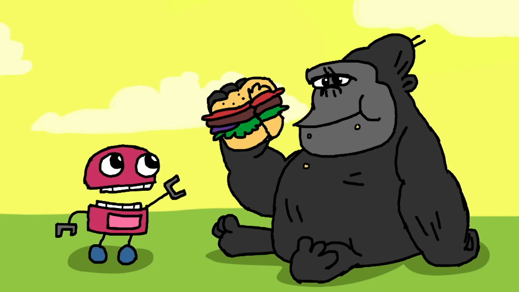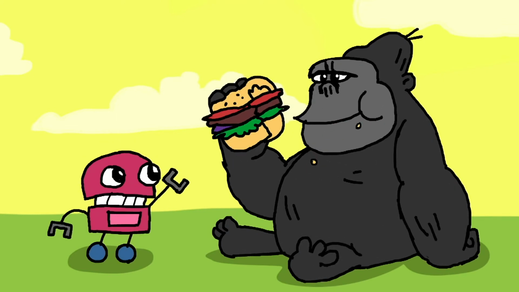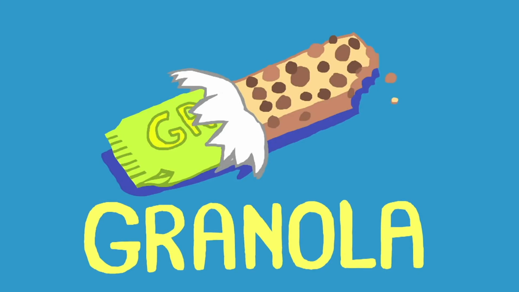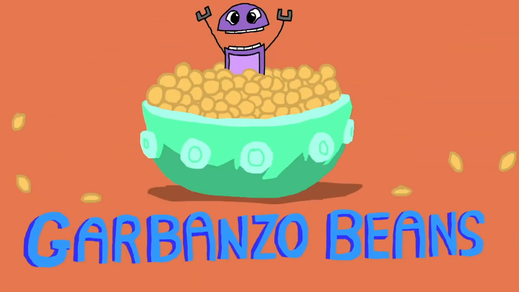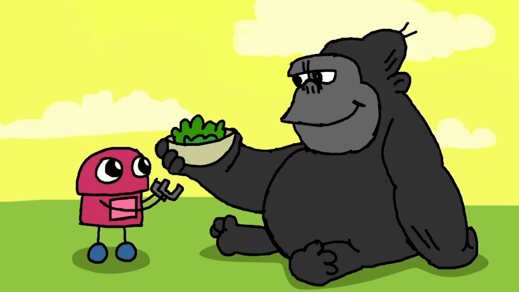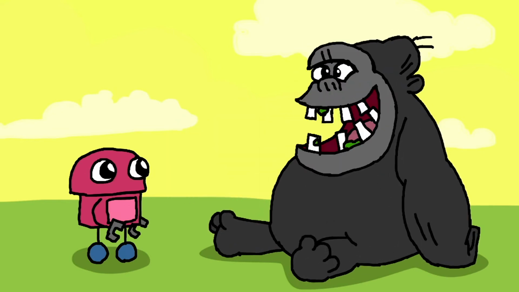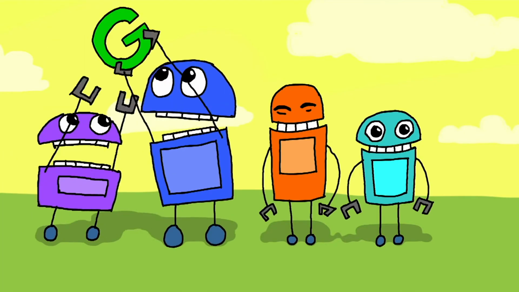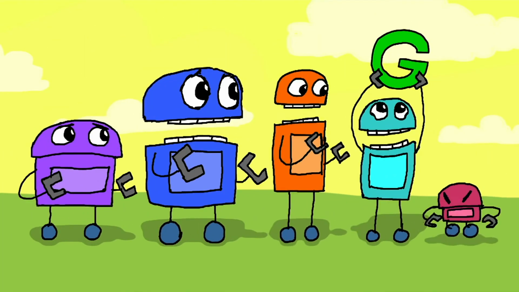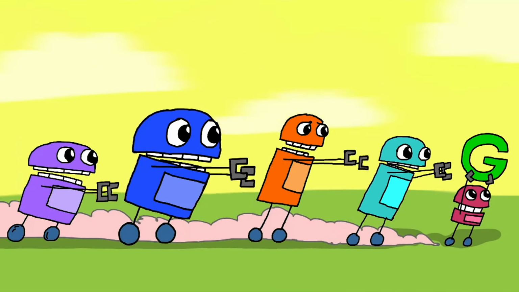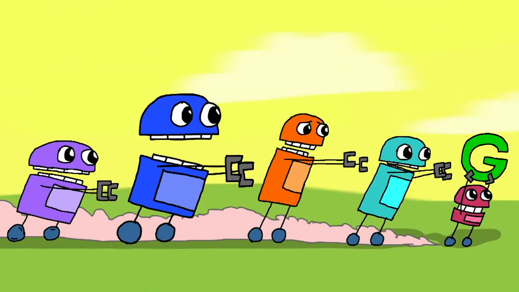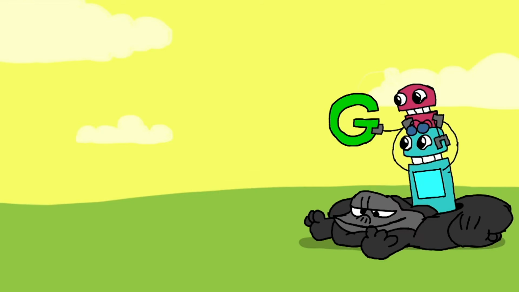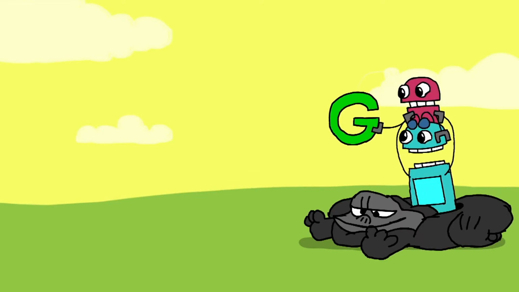That is a gorilla eating a generic gorgonzola and garlic garden burger. Grapefruit and granola and garbanzo beans. If you wanna feel good, you gotta eat your garden greens. Gimme G, gimme G, it's the letter for me. Goodness gravy, that was groovy.